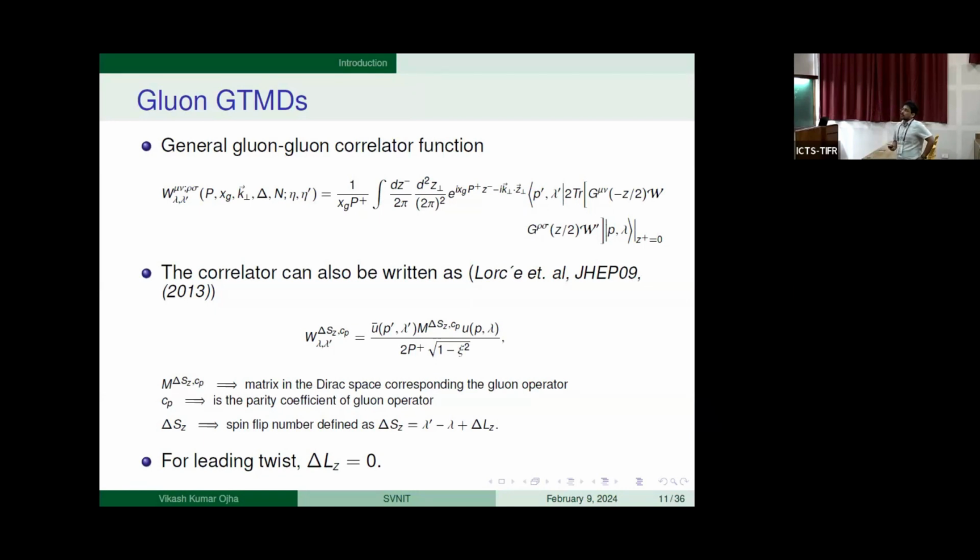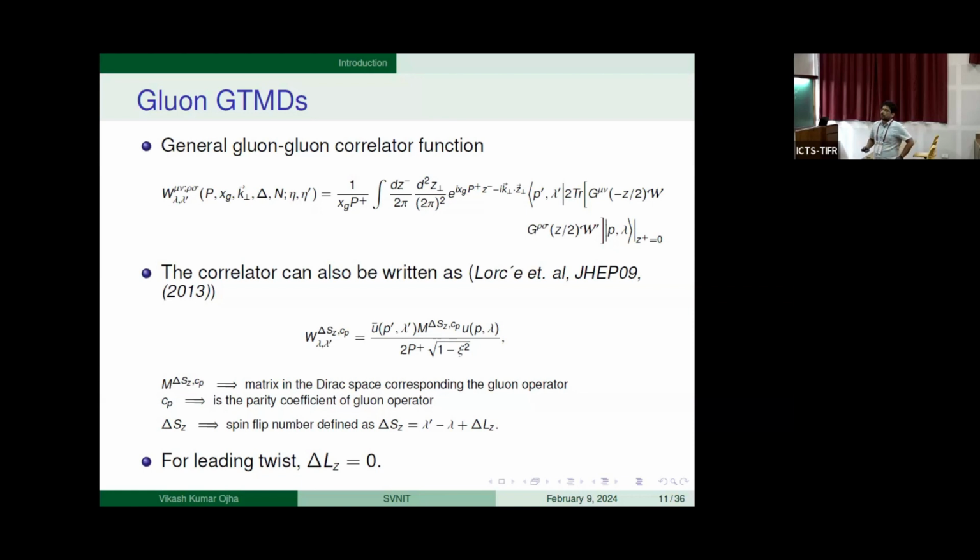So we define these gluon GTMDs as a matrix element of this generalized gluon correlator function. Just like PDFs or GPDs, we can also parameterize this gluon correlator function in terms of various functions.